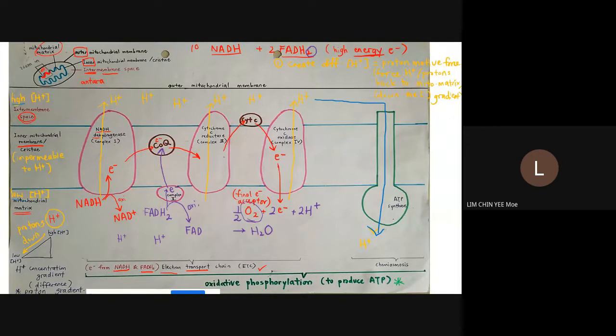And when it rotates the ATP synthase, that's when they will make ATP from ADP and inorganic phosphate. That's it. This is how we want the production of ATP using redox reaction. And that's why we name it as oxidative phosphorylation.